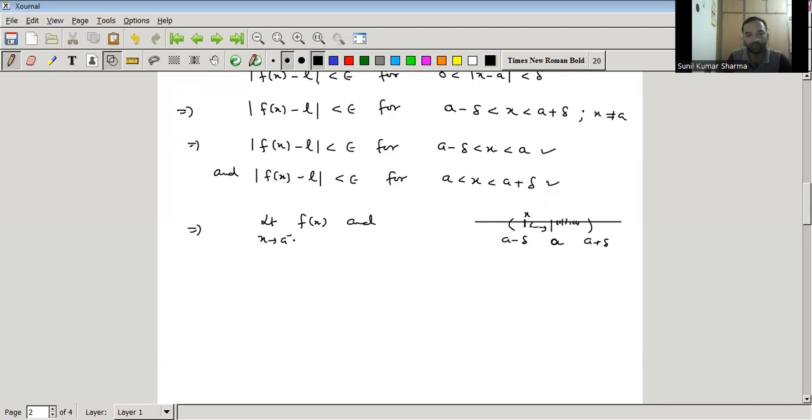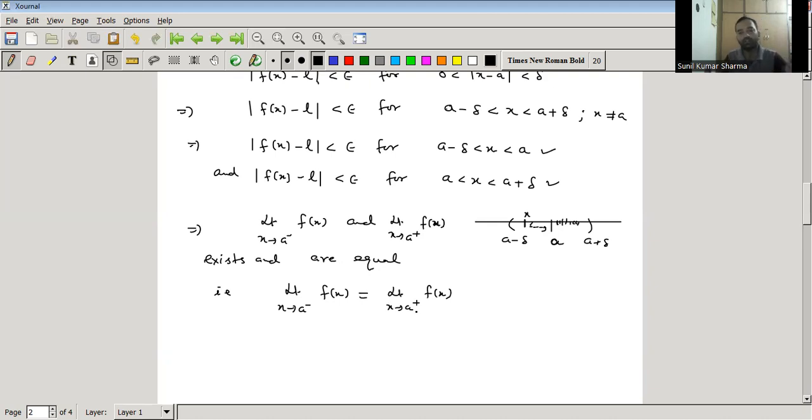So the limit as x goes to a negative of f(x) and the limit as x goes to a positive of f(x) exist and are equal. That is, the limit as x goes to a negative of f(x) is equal to the limit as x goes to a positive of f(x).